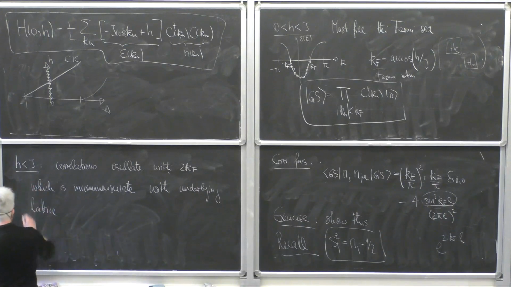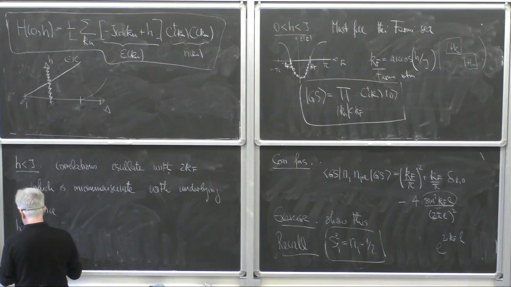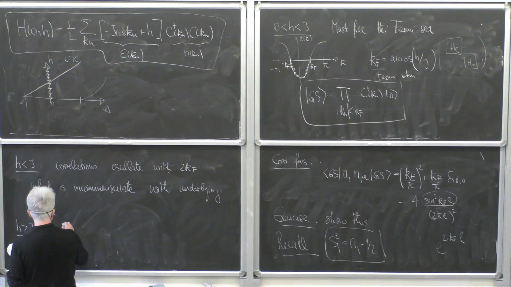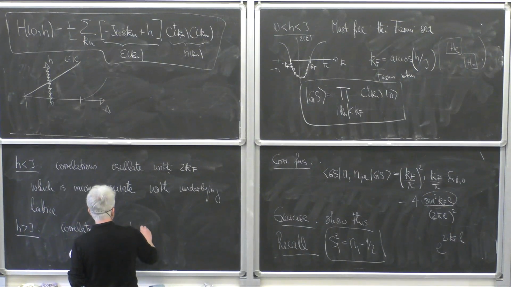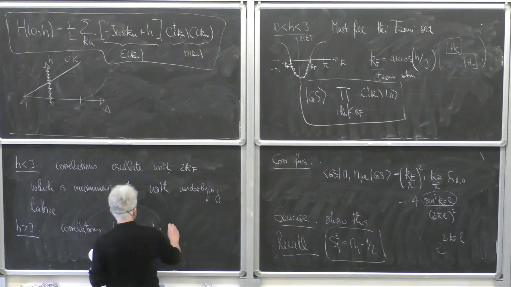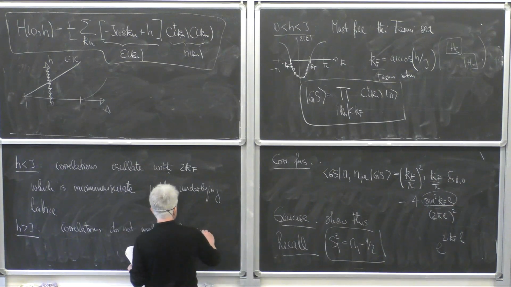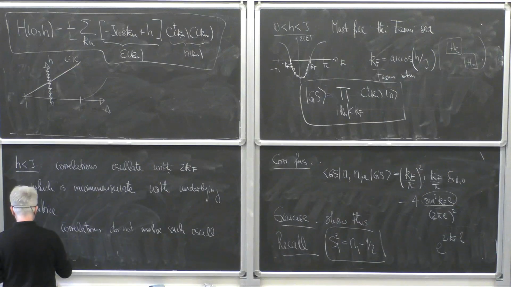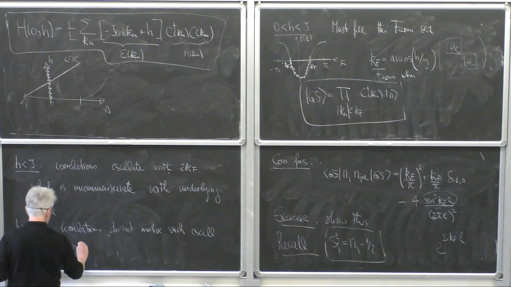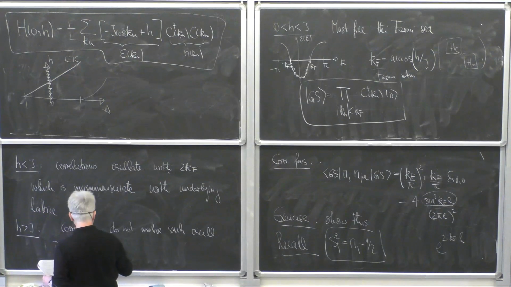Okay, so in the other phase, h larger than J, correlations do not involve such oscillations. Yeah, and this is where the name comes from. So incommensurate to commensurate transition, also known as Pokrovsky-Talapov-Japaridze-Nersesyan transition.